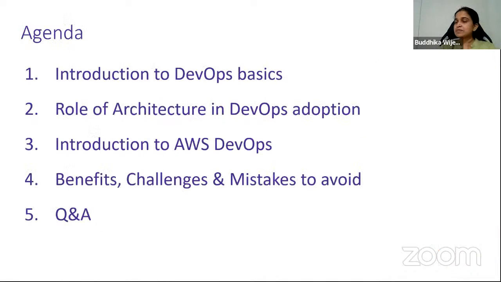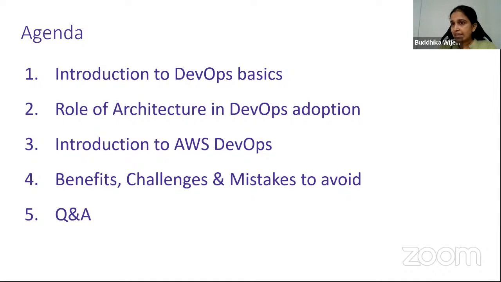So without further ado, let's start with our agenda for today's session. First, we will be discussing DevOps basics, and then as our second section, we will be discussing the role of architecture in DevOps adoption. Third section will be on Introduction to AWS DevOps. And last, we will discuss the benefits, challenges, and mistakes to avoid.